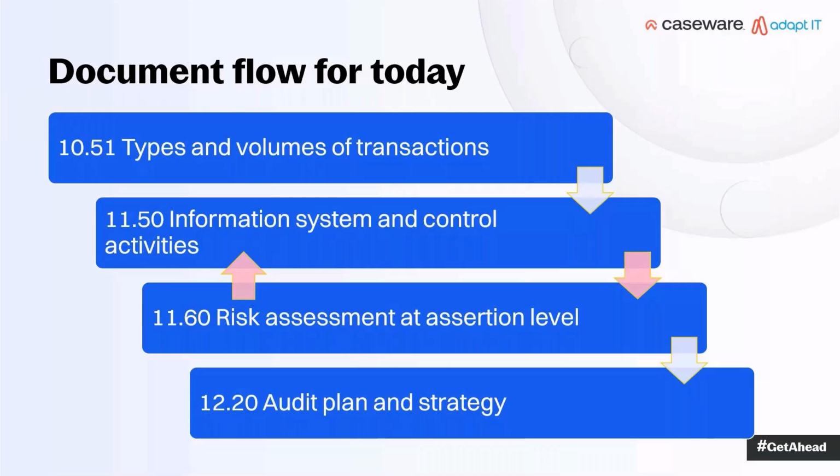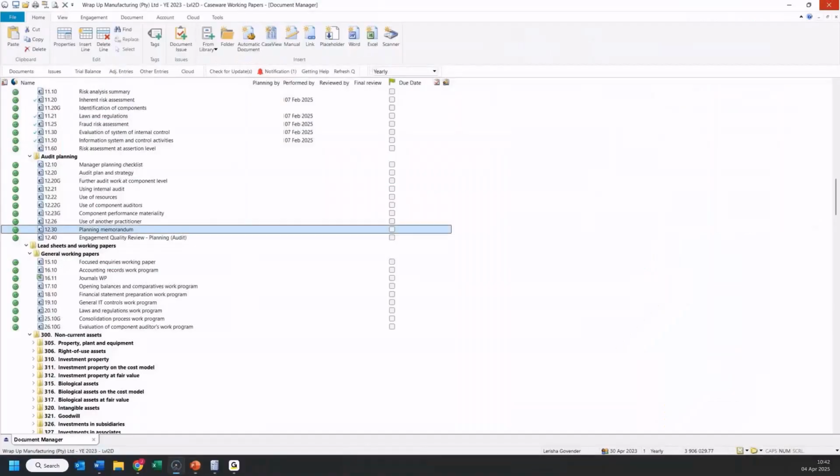Right, so I'm going to go then to my Caseware file. Again, I know it's very small. I'm not able to increase the size of my document manager, but right at the top, you might notice it says Wrap Up Manufacturing Year end 2023 Level 2 Delegates files. I'm using exactly the same file that you would have downloaded from the Success community. It is the same file that I've used for all the sessions.